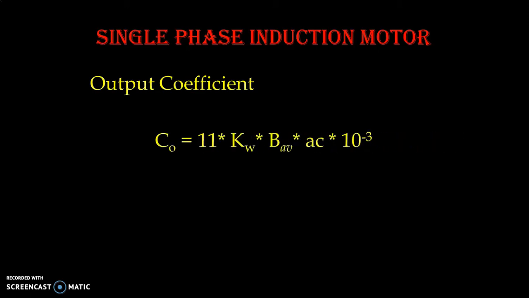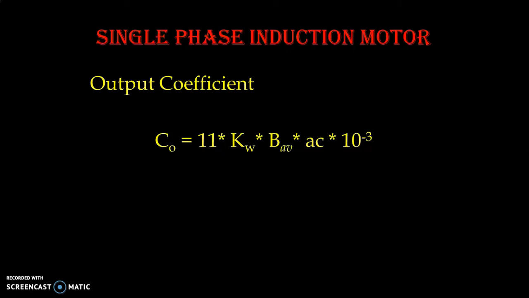So now let us start with the single phase induction motor. In case of single phase induction motor, we know that output coefficient Co can be written as 11 Kw Bav Ac 10 raised to minus 3, where Bav is specific magnetic loading and Ac is specific electric loading.